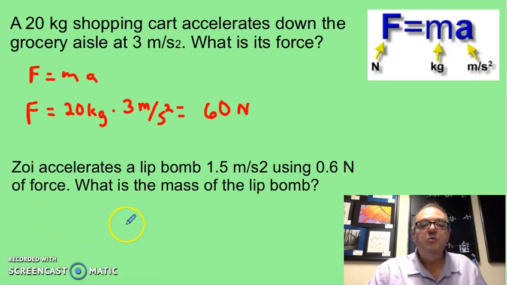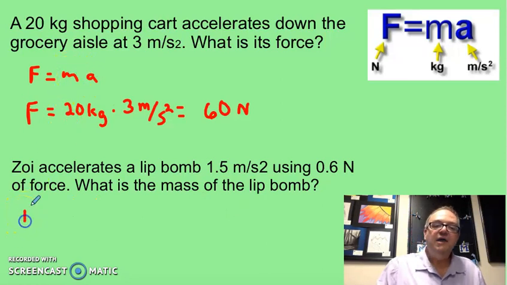You might have a formula where you have to change things around. And here it says Zoe accelerated a lip balm, hadn't thought about that in a while, 1.5 meters per second squared using 0.6 newtons of force. So now we're finding the mass, and you see that we have force equals mass times acceleration. You're going to have to isolate the m. Now we've had a video on how to do that.